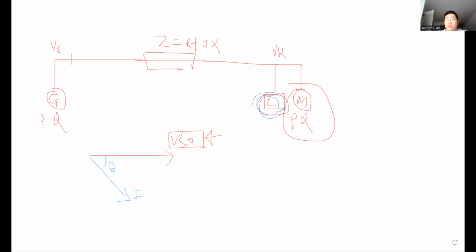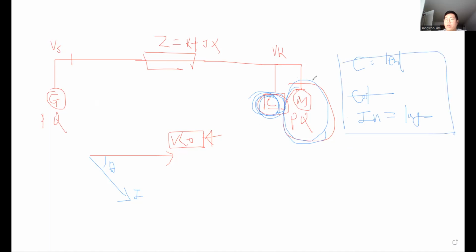But look at that. Since this C is connected near the load, the motor, how does it happen? As we learned, C is leading, and the coil, the inductor, is lagging.